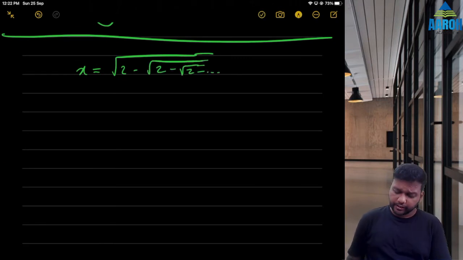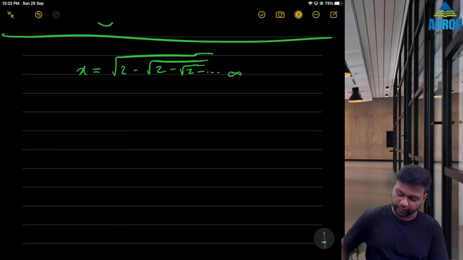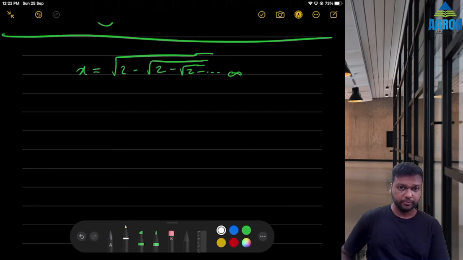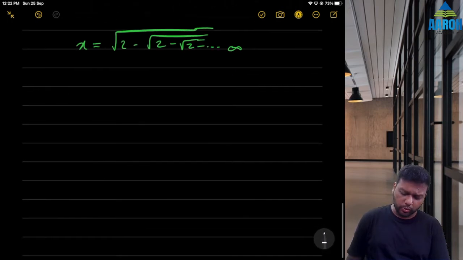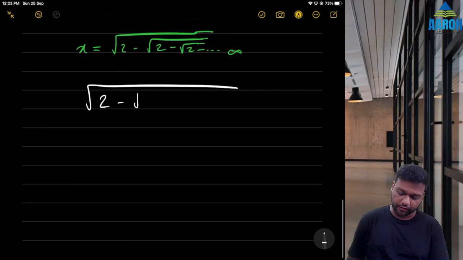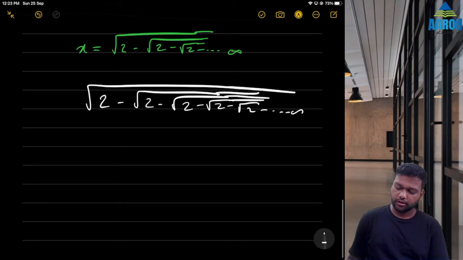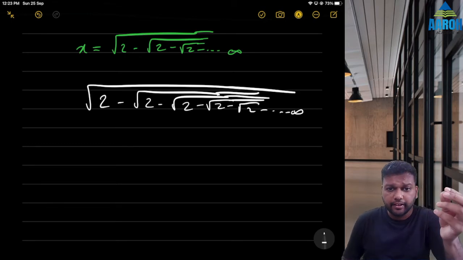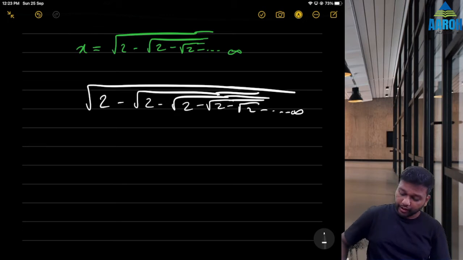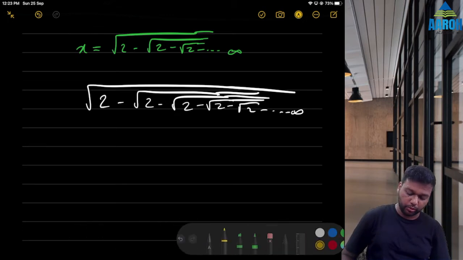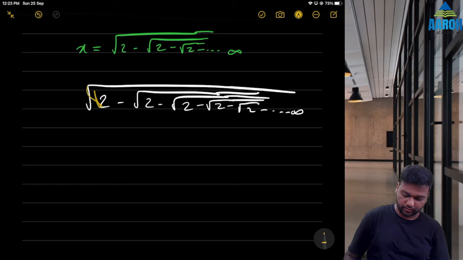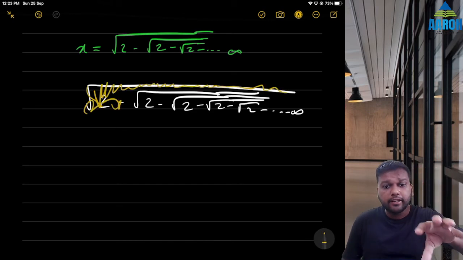Now concentrate. This goes up to infinity. How to think for such questions? This goes up to infinity. That means it is root of 2 minus root of 2 minus root of 2 minus root of 2 minus root of. Now when something goes till infinity, if you remove one term from infinity, it is still infinity, right?